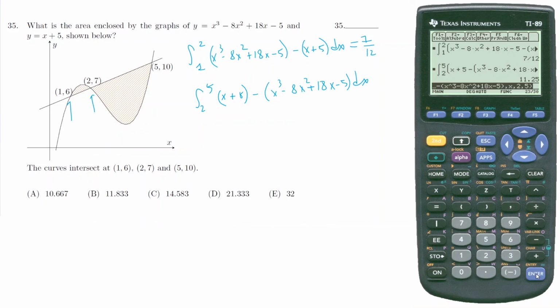Boom, 11.25. All I have to do is add these two guys up. Right, so I'll just do 7 over 12 plus 11.25, boom, 11.83, that's B.